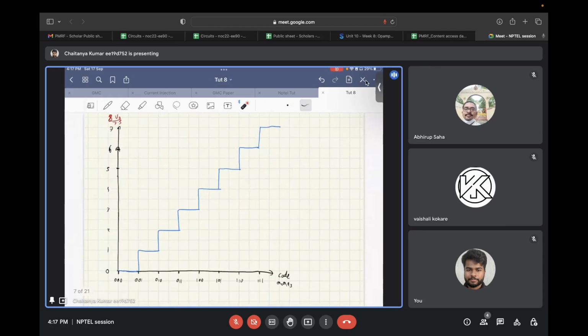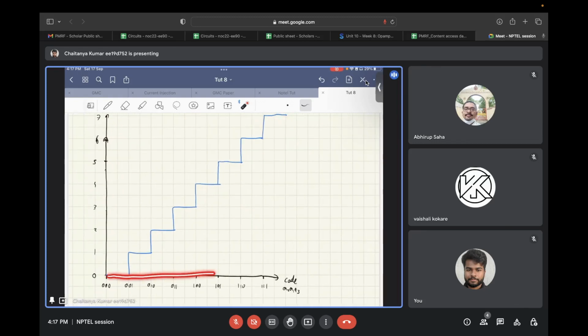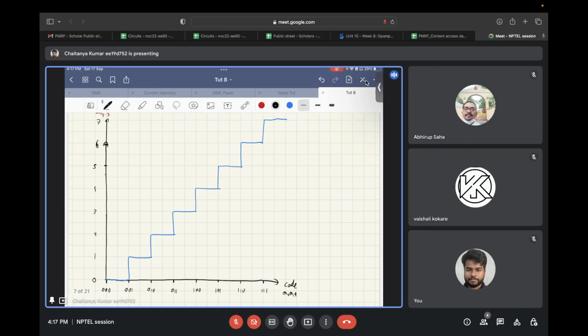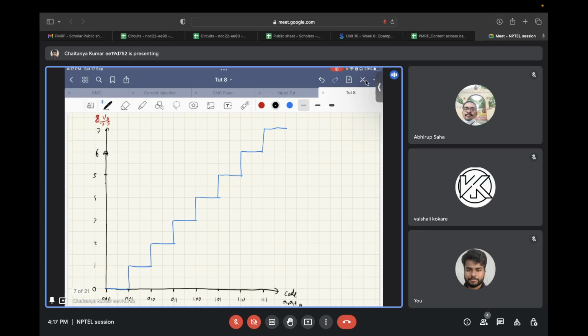So you can plot it like this. On the x-axis, I'm plotting the codes, that is the values of A2, A1, and A0 respectively. And on the y-axis, I'm plotting the normalized output voltage, 8 by 7.5 times V0. If all the bits are zero, the output voltage is zero.